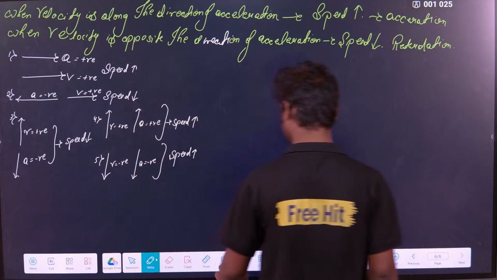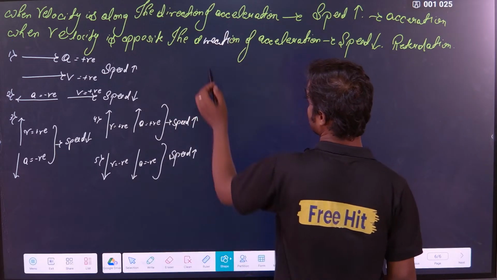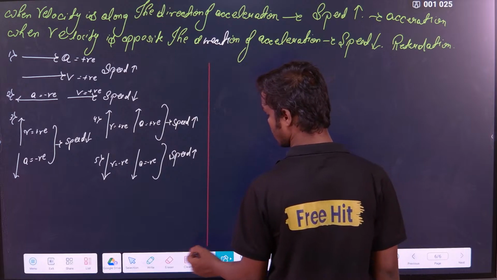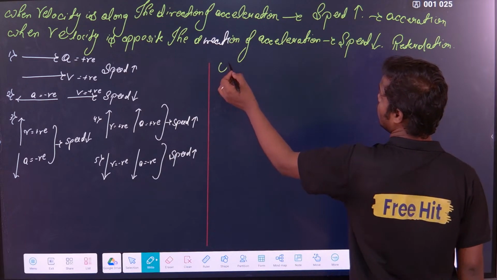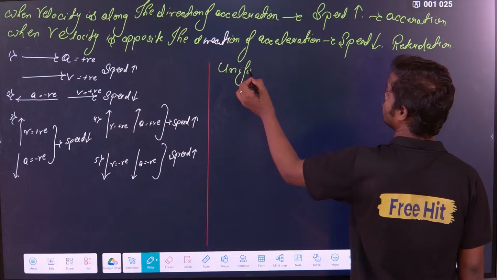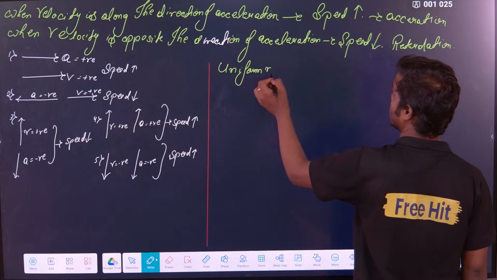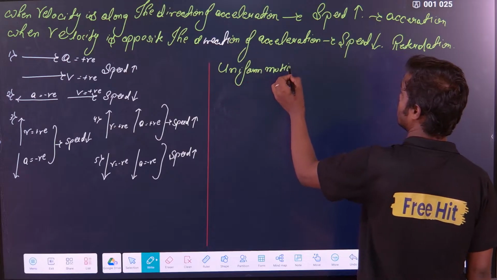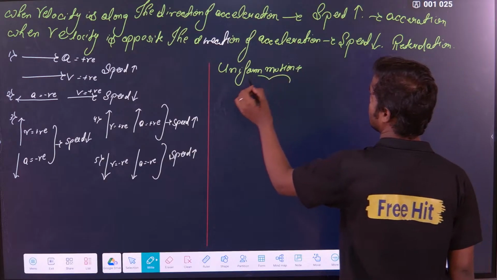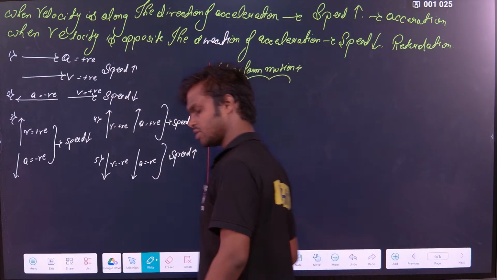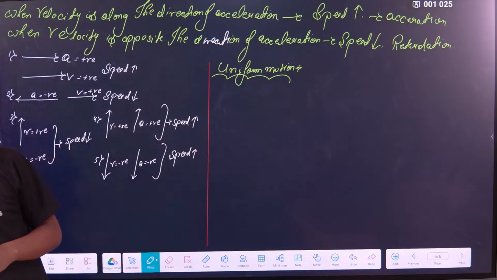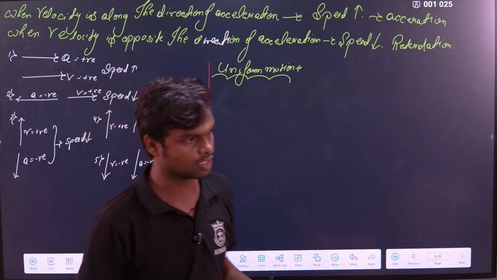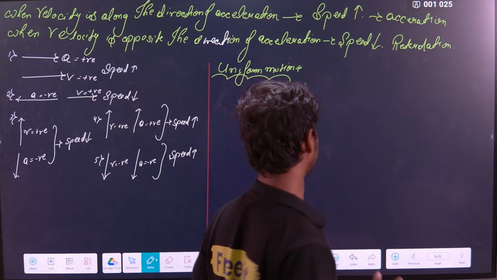Next thing is, what is uniform motion? Uniform motion simply means that in equal time intervals we cover equal distances. Okay, that is called uniform motion. Simple thing.